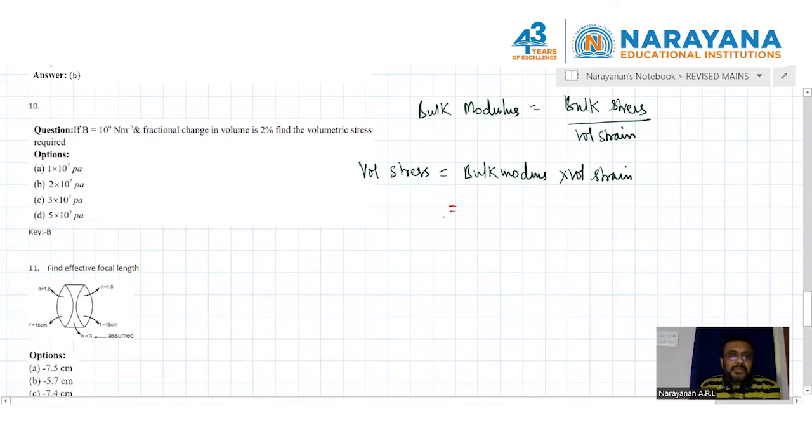So we know the value of bulk modulus B. Delta V by V into 100, he has given us 2%. So delta V by V is 2 by 100. Substitute this value and you will get the result.